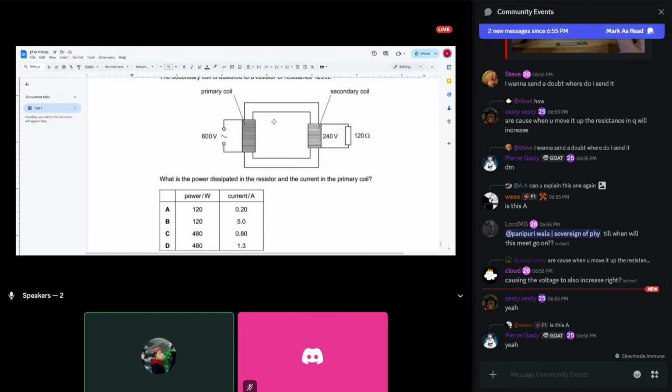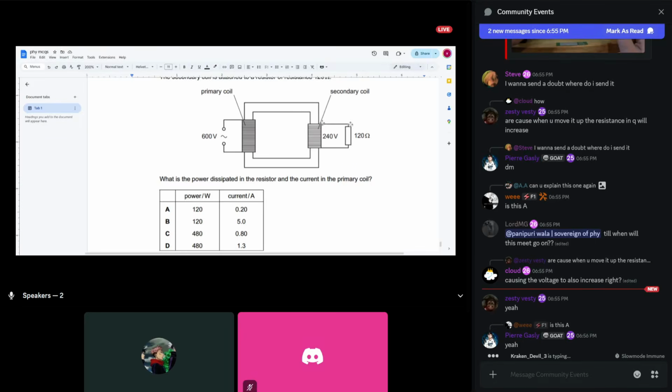So we can find the current here and then use I squared R. Our current here is just 240 by 120, which is 2 amps. So I squared R, 2 squared into 120. So the power dissipated is 480 watts.